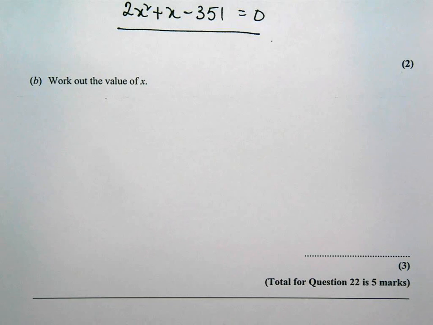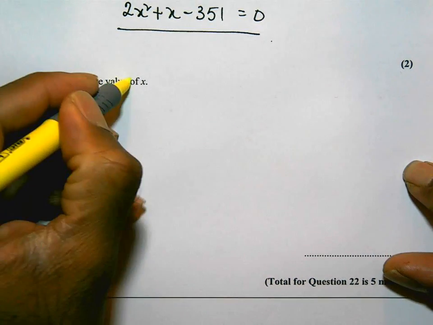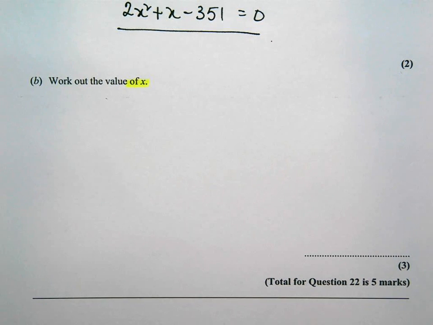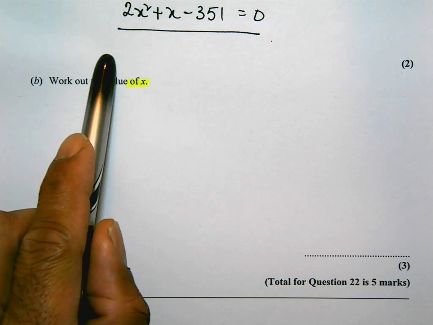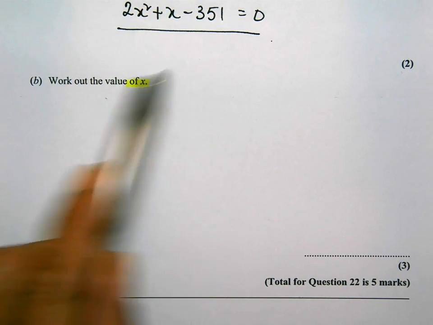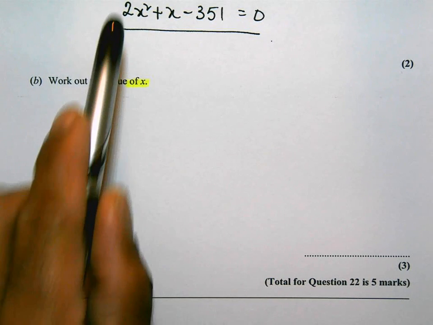Okay, in part B, it simply says, work out the value of x. Now, in other words, what they want us to do is to solve the equation that we created in the previous part. Now, even if you weren't able to do part A, in part A they said show that, so they gave you that equation.